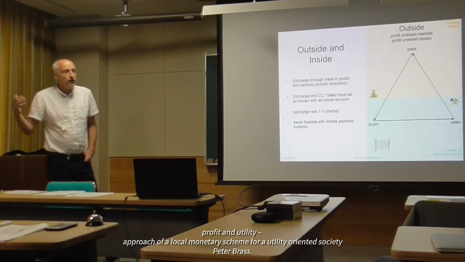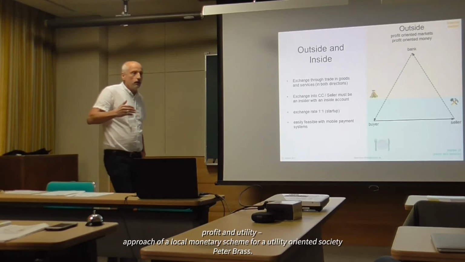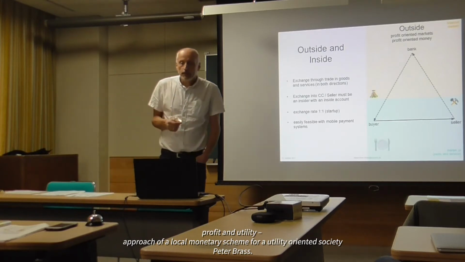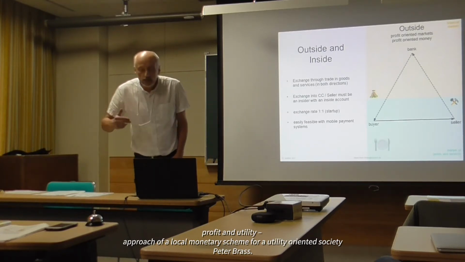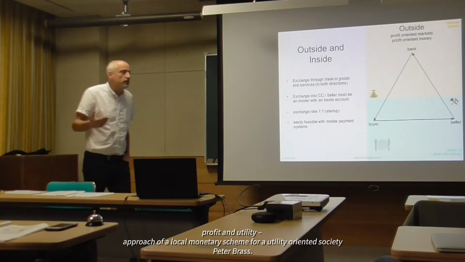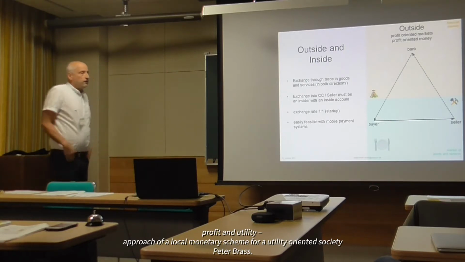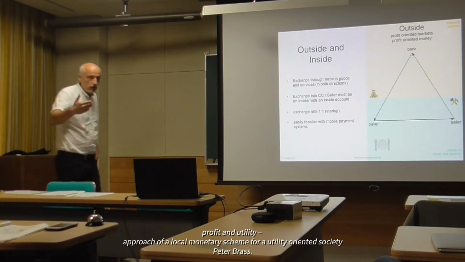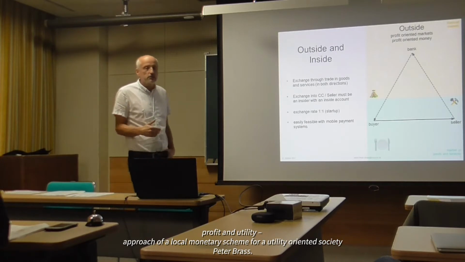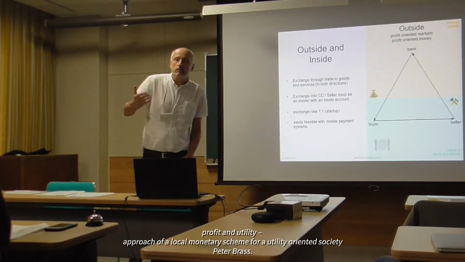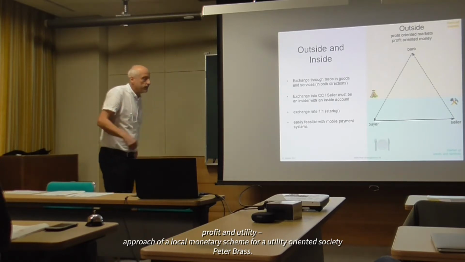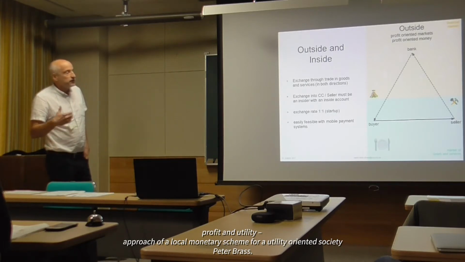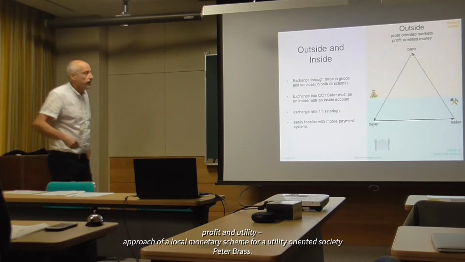Outsiders pay with outside money. Inside is the complementary economy with the utility-oriented money, and the insider pays with inside money. Simple. It would be good if the exchange happens through trading of goods and services. If the outside money comes onto the inside account, it will be automatically exchanged. The exchange rate is 1-to-1, at least at the start up.